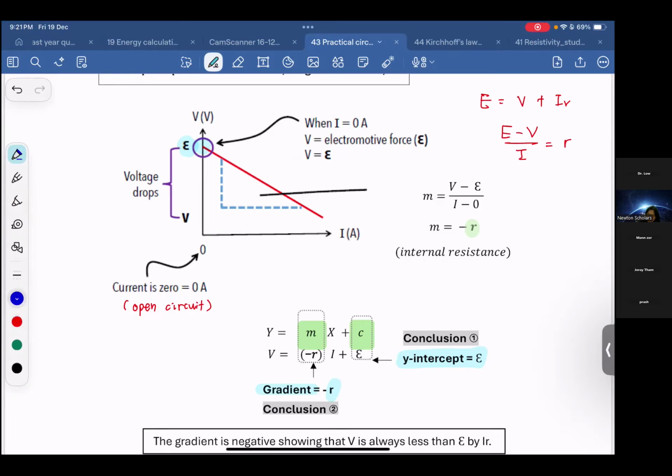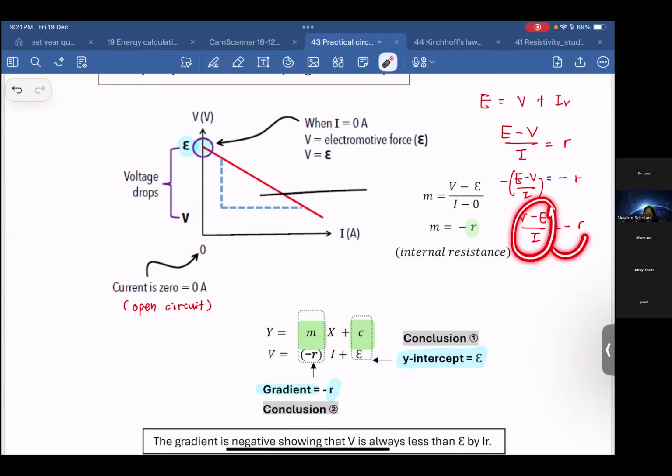So if I put a negative on both sides, at the end it will become V minus E over I equals minus r. So the gradient that we get is the internal resistance. You don't need to know about this actually. You don't need to know about this.